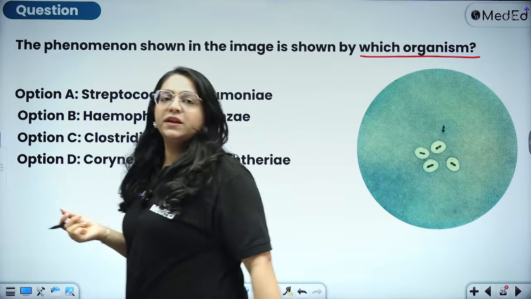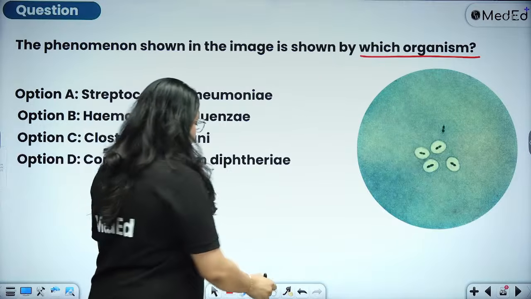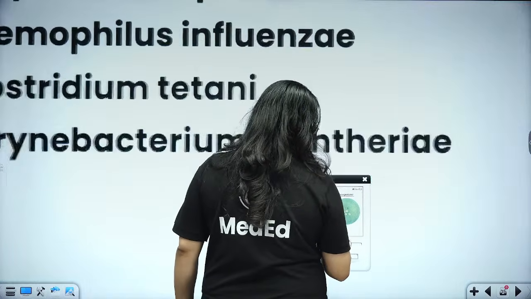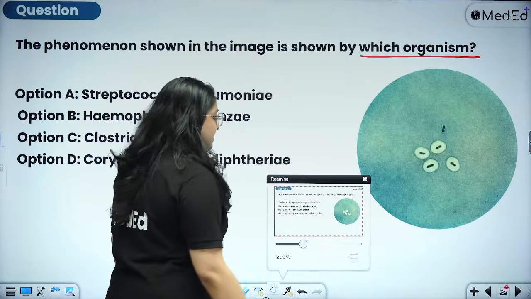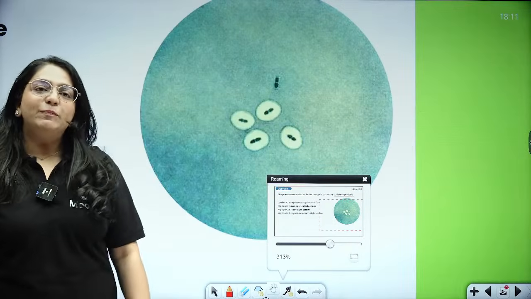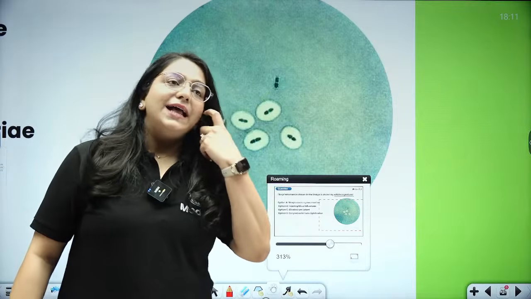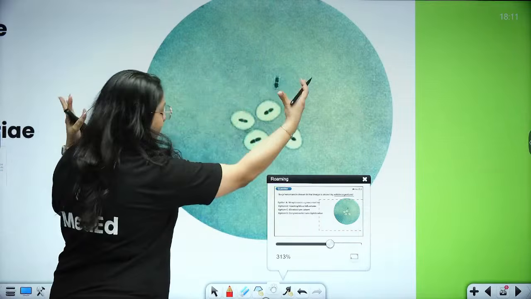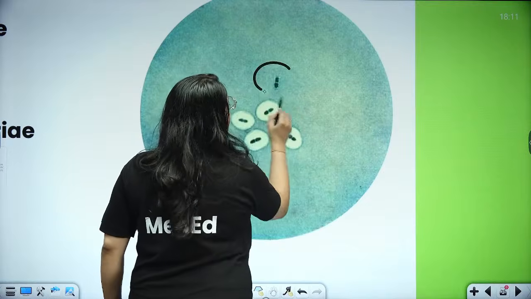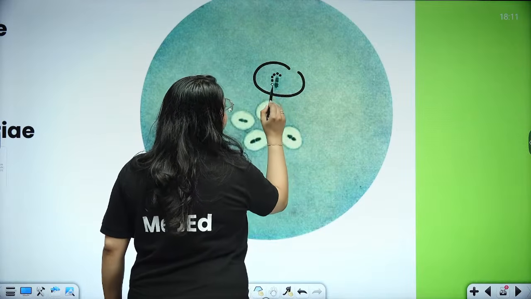What is the phenomenon here? What can you see? You see the lanceolate-shaped diplococci with the capsule, and the capsule has swollen up. How do you know it has swollen up? When you look at this one, the capsule is right here.